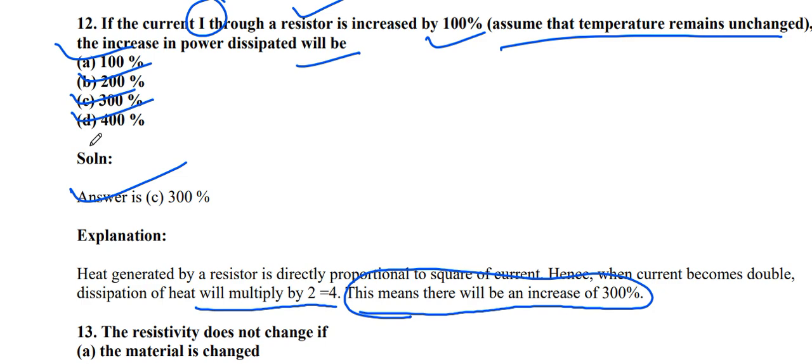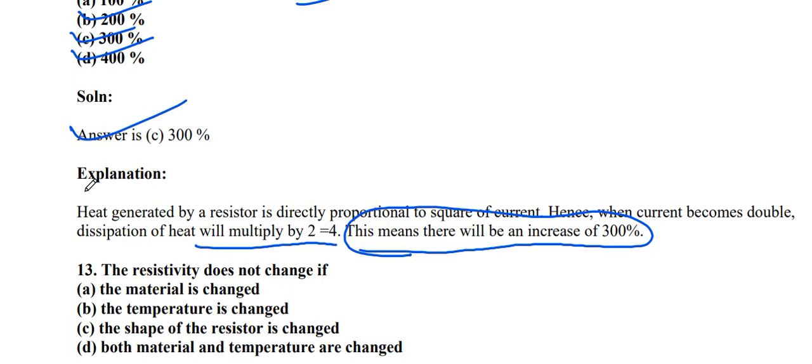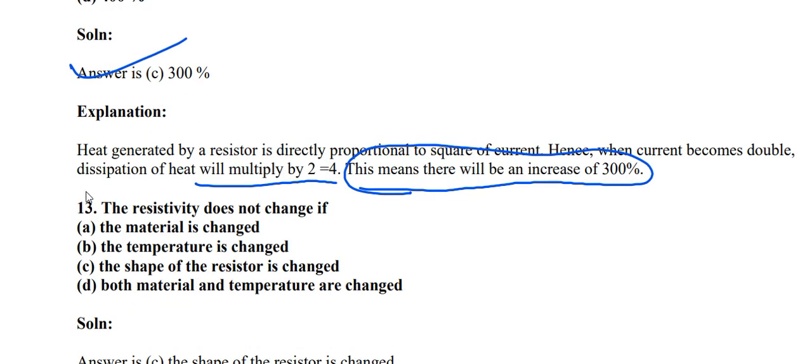Right? The next question 13: resistivity does not change if the material is changed, temperature is changed, shape of resistor is changed, or both material and temperature are changed. So we go through the shape of resistor change.